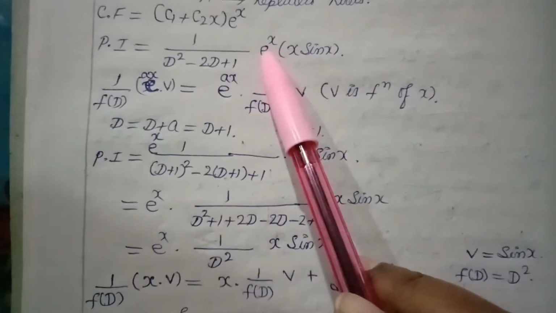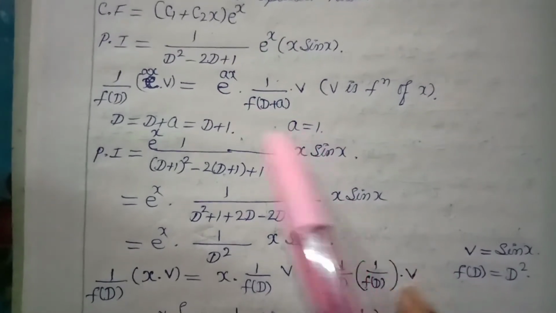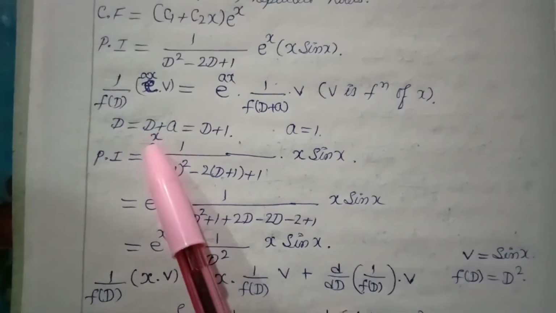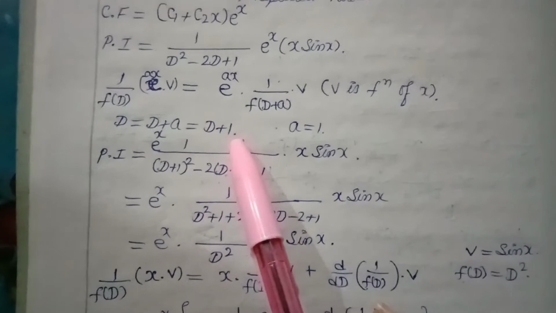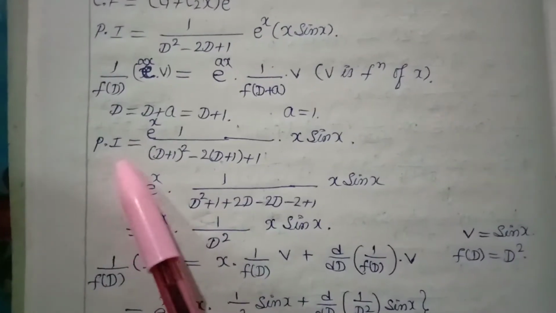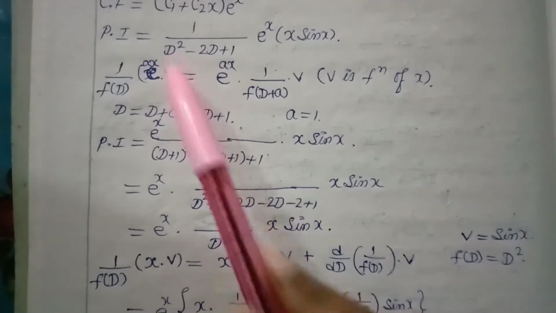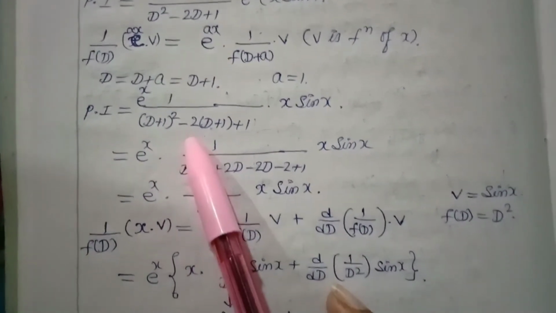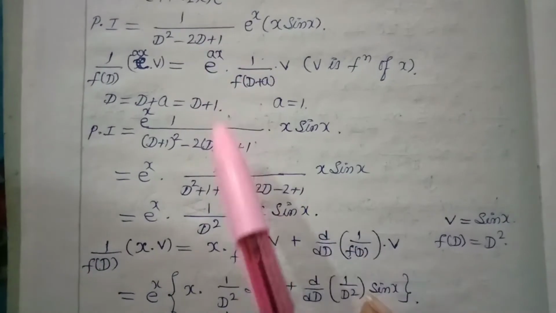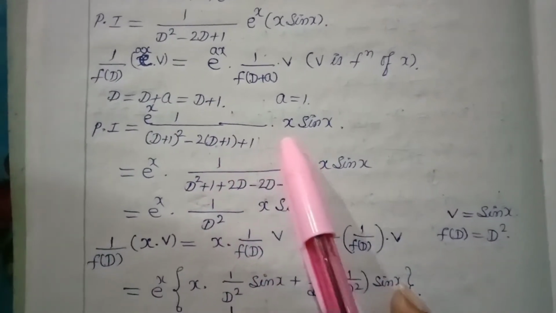So now in the given problem e power x, a value is 1. So I'll be replacing D with D plus a, which is D plus 1 in the above equation. By doing that we get e power x into 1 divided by, instead of D square it is D plus 1 whole square minus 2 times, instead of D it is D plus 1 into v.